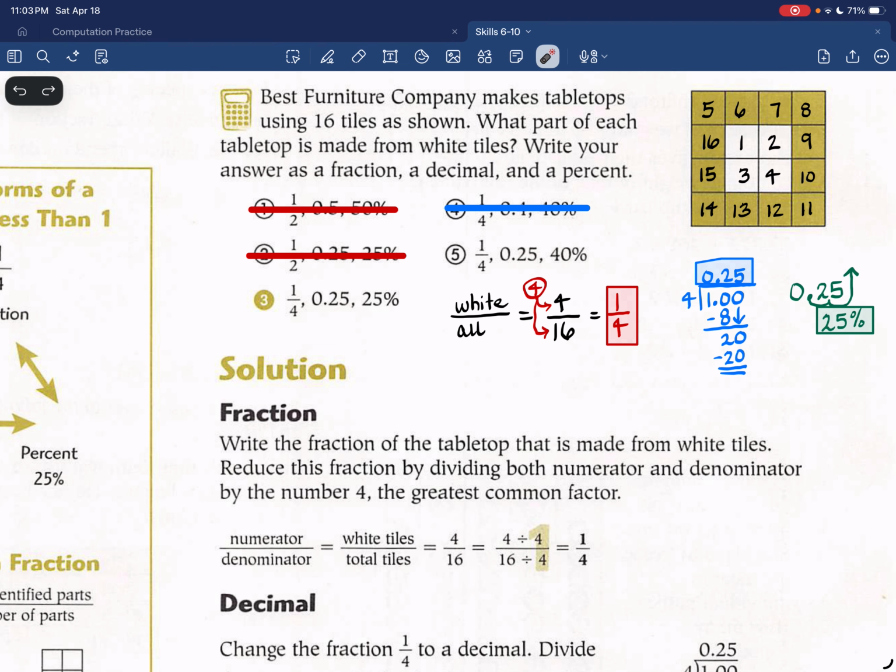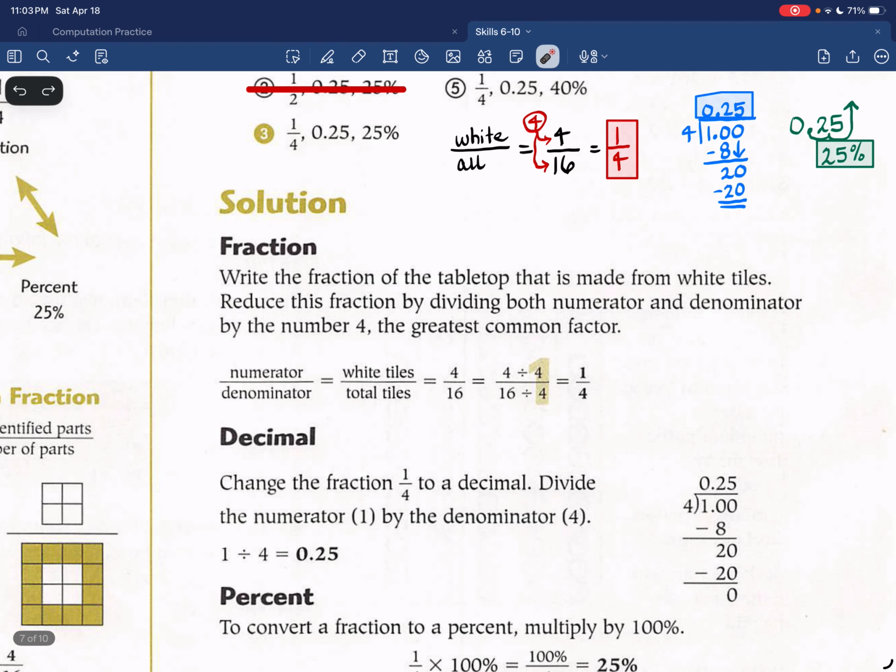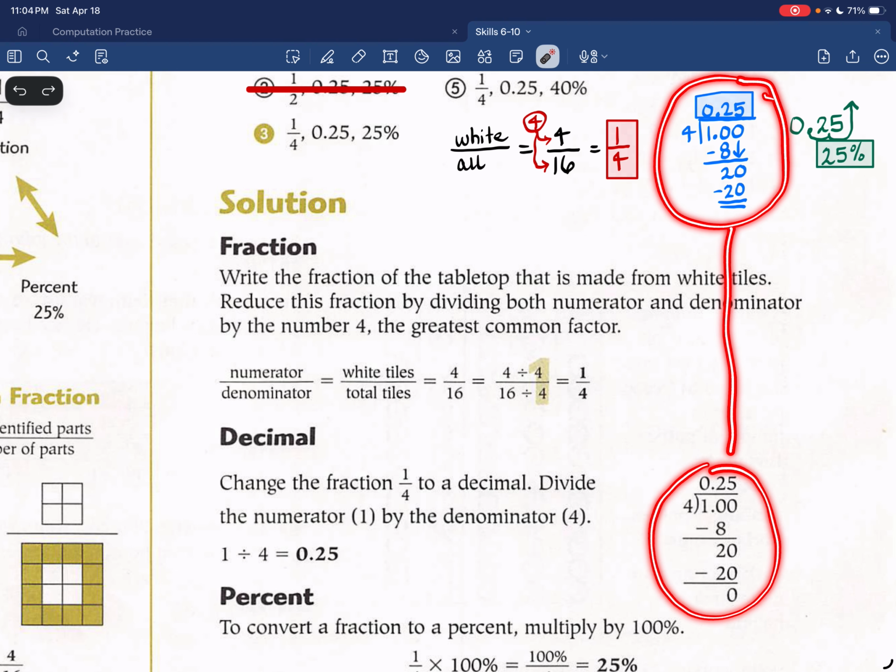And then I did a bubble, but they did this thing, doesn't matter, and they got 1/4. Change the fraction 1/4 to a decimal. Divide the numerator 1 by the denominator 4. And that's what they did, just like we did.